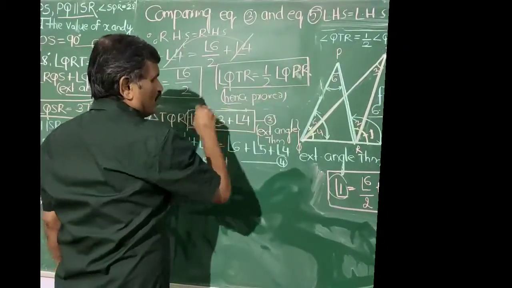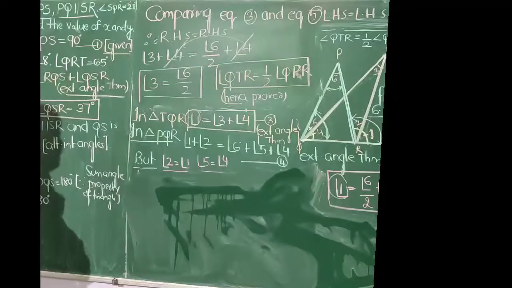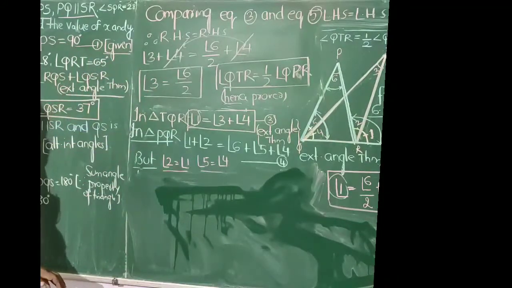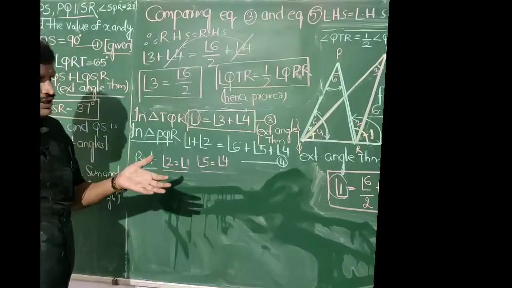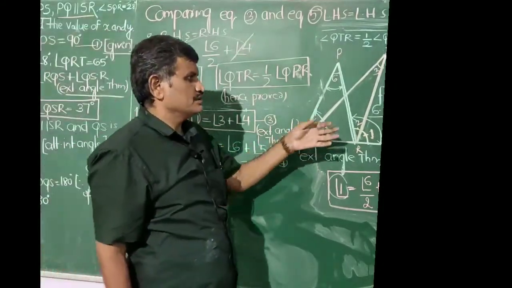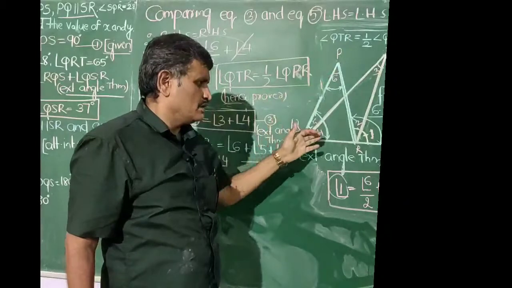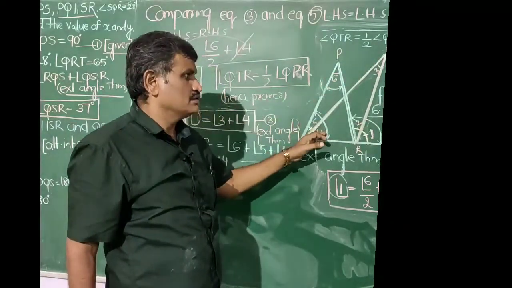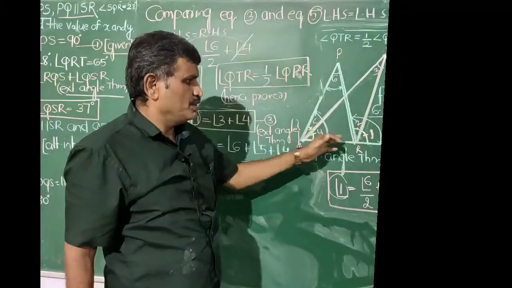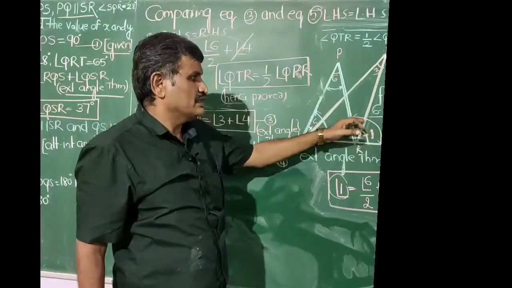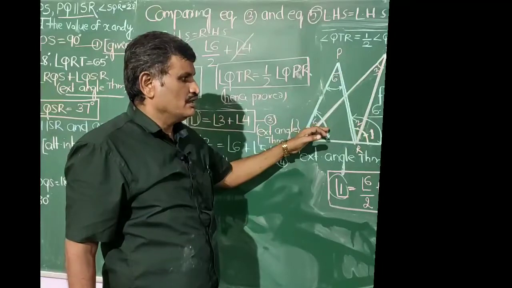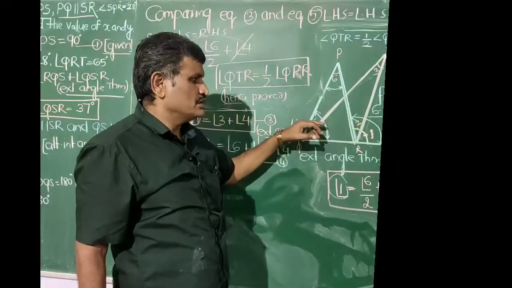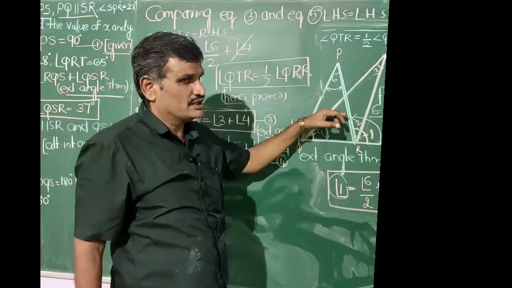See children, I can understand in the beginning you will feel that this is a very difficult question, but let me tell you a very simple technique. First use this triangle TQR, apply the exterior angle theorem here, then take this triangle PQR, again apply the exterior angle theorem there, and then you know that this is equal to this and this is equal to this, because these two are angle bisectors.